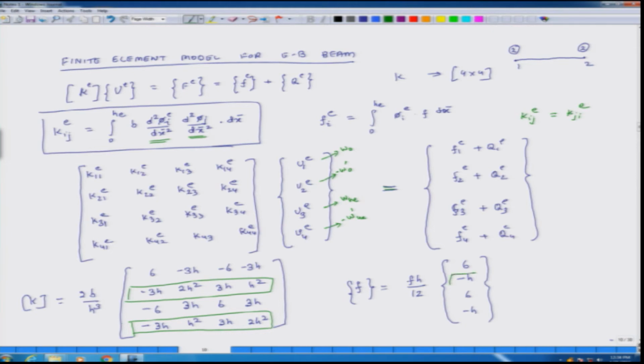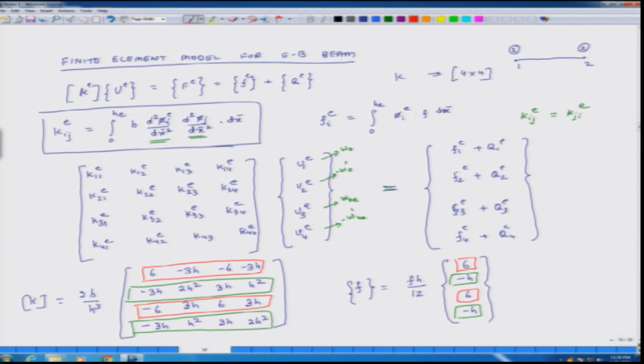Same thing is here also: second row and fourth row have the same terms. And then the first row and the third row have the same terms, both on the left and right side.